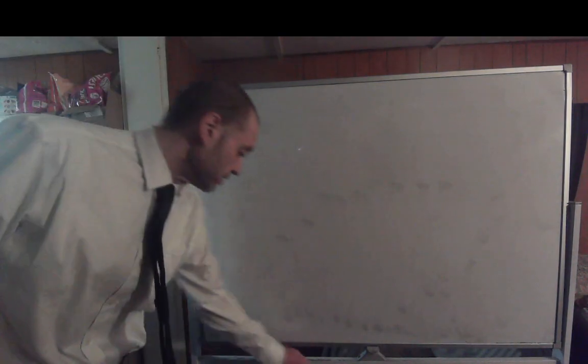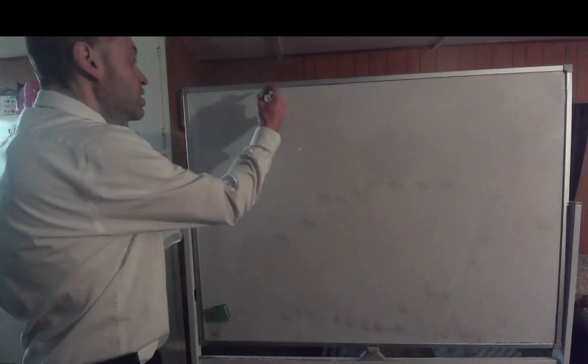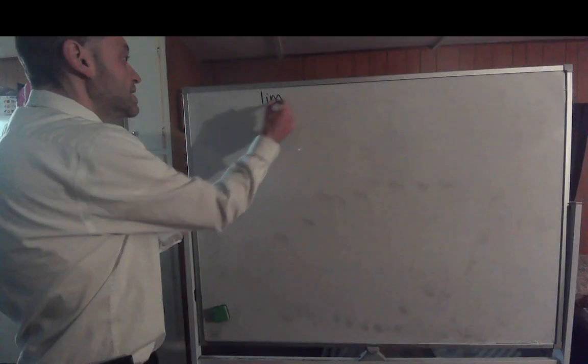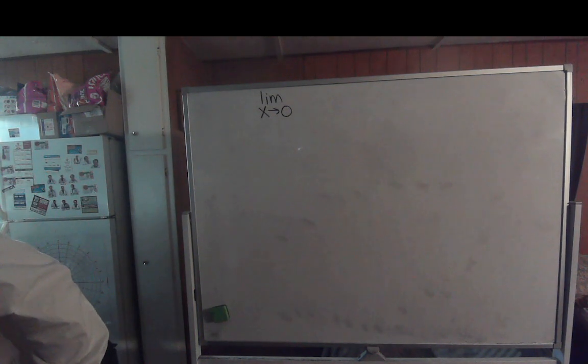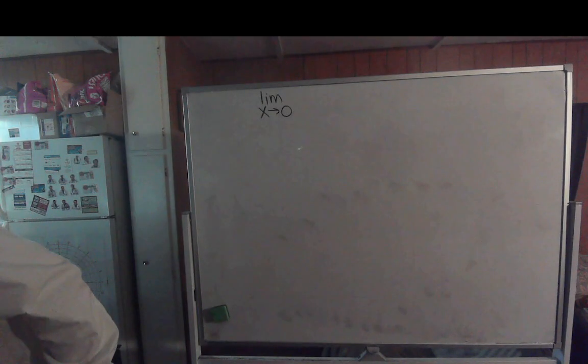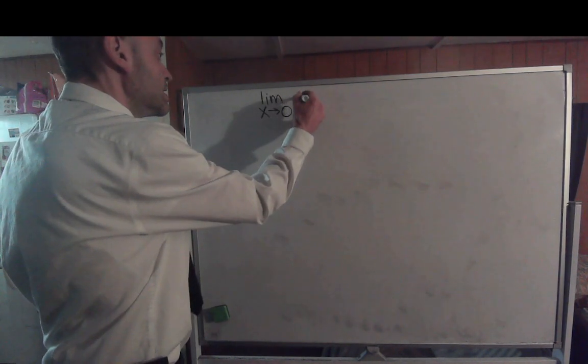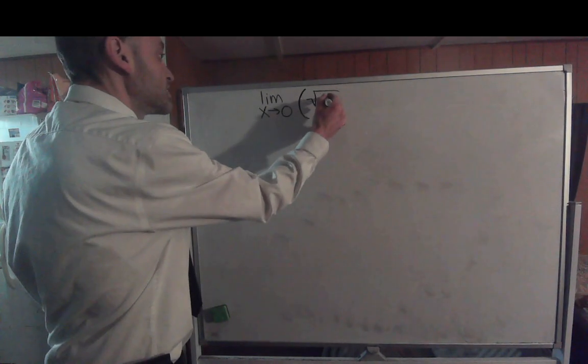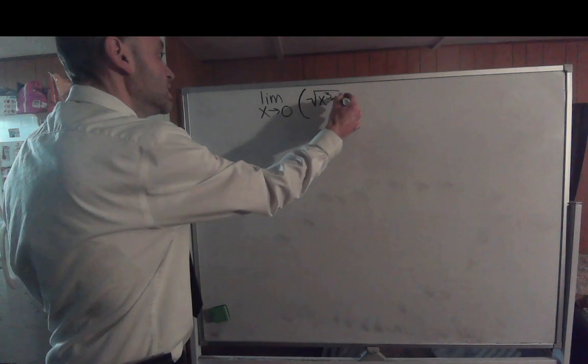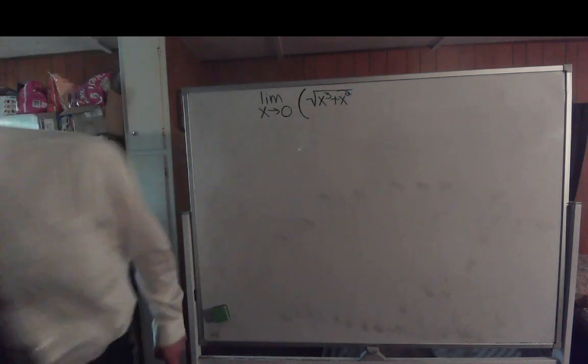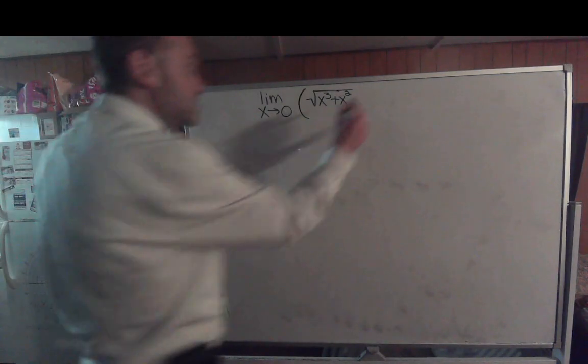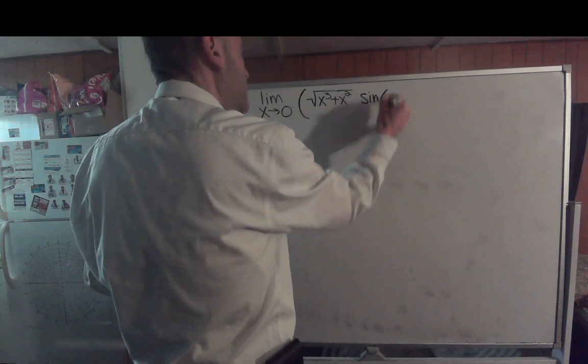So let's see here. Let's take the limit. What if you had something like the limit as x approaches 0 of this function, the square root of x cubed plus x squared times the sine of pi over x.